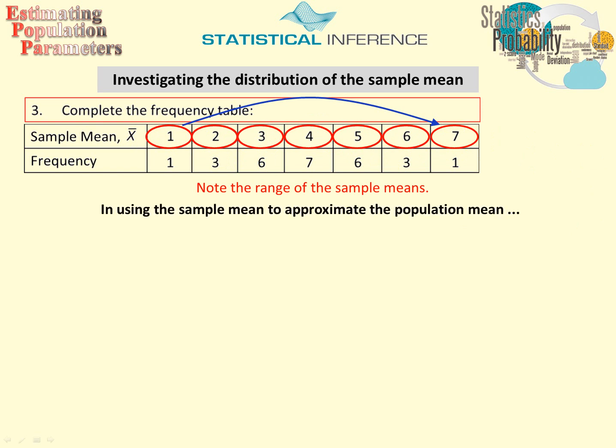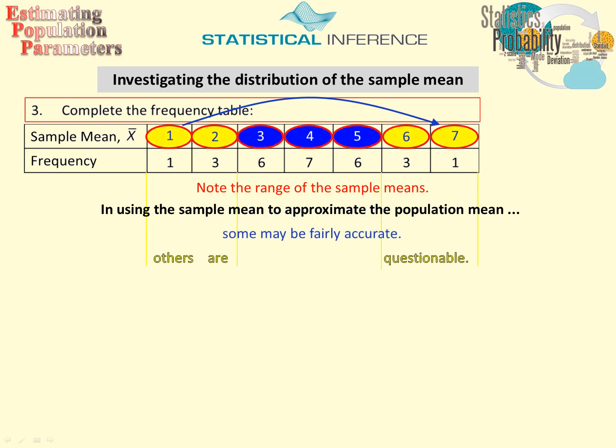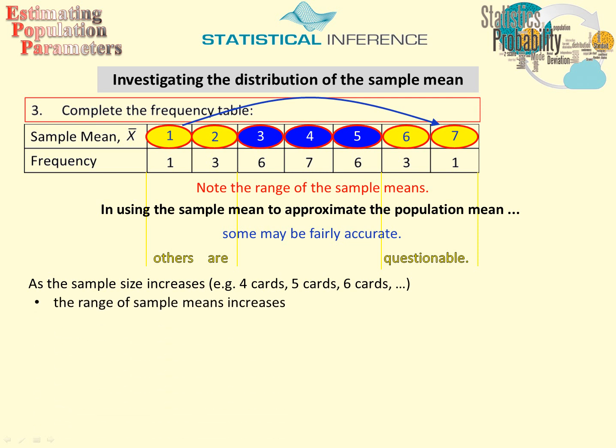So in using the sample mean to approximate the population mean, those are pretty accurate, but those other ones, the yellow ones, are questionable. They're pretty far out. But they are still samples which came out. So as the sample size increases, though, if we use more and more cards, we'll find the range of the means will increase.